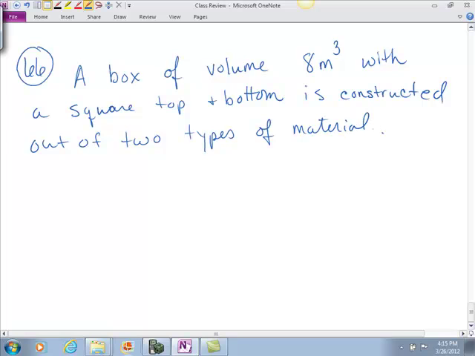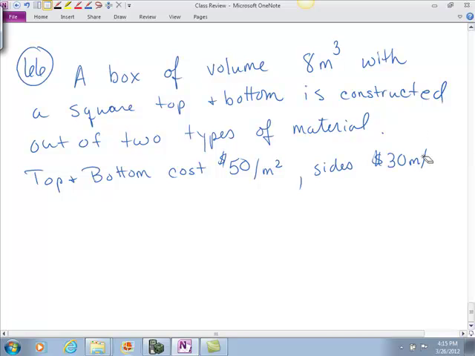All right, and it says the metal for the top and bottom is $50 per square meter. And the sides cost $30 per square meter. Find the dimensions of the box that minimize total cost.